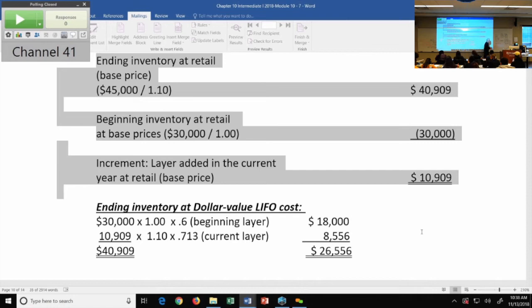So probably should have added a column, but the result there is this is now retail at current. So what you do is you take the retail at base year, 30,000, multiplied by the index of 1. That gives you 30,000 of retail at current prices.